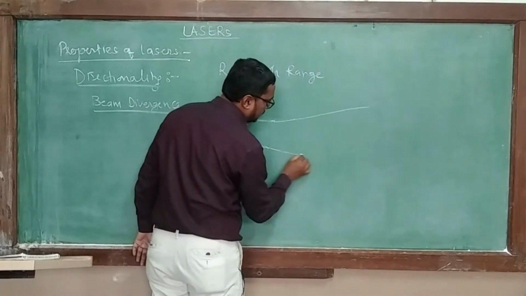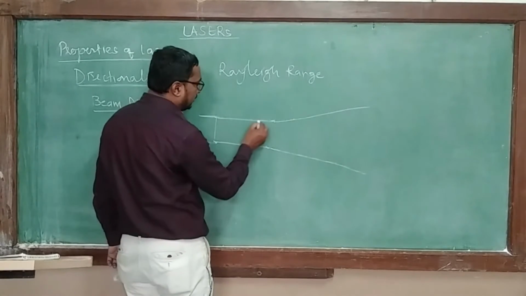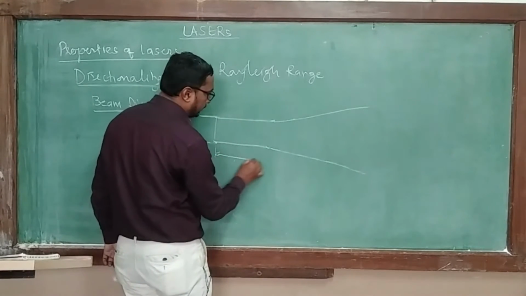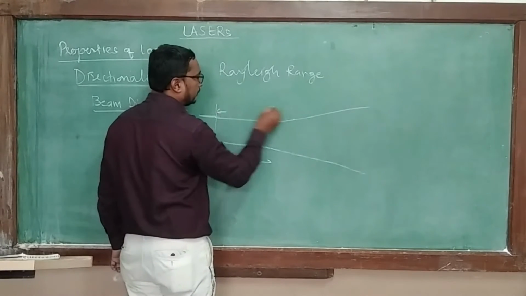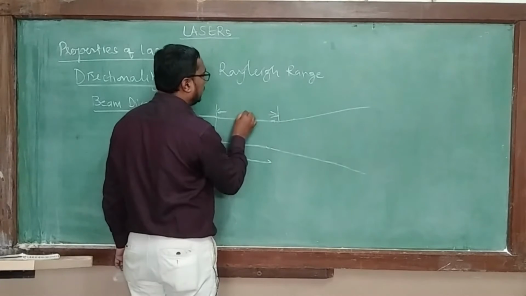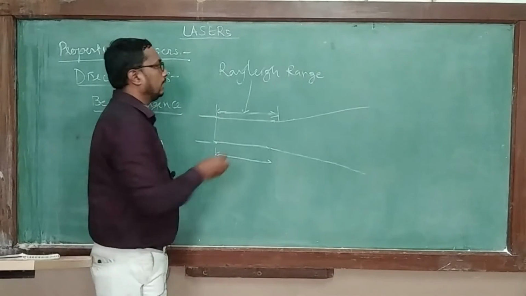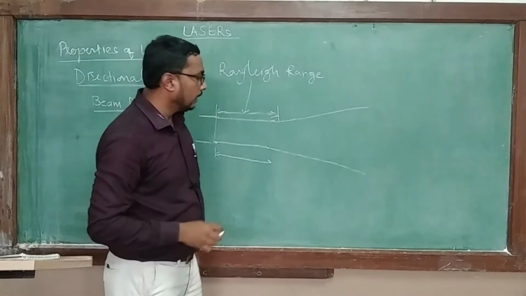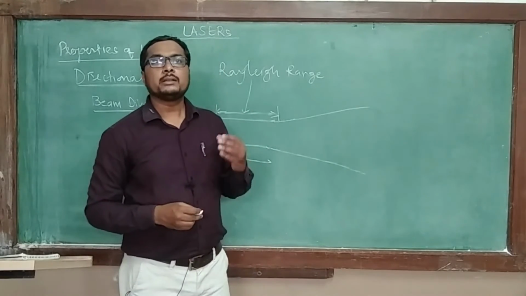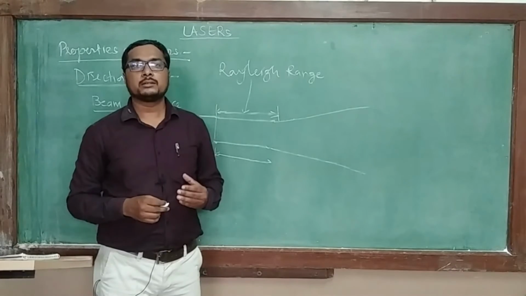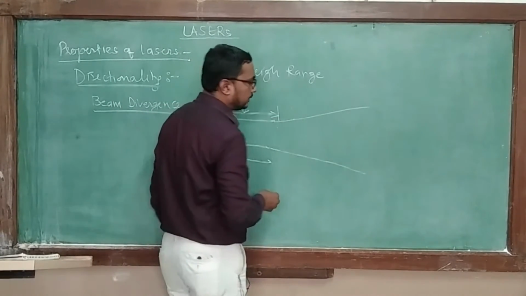This divergence is very small, and this distance is called the Rayleigh range. The distance up to which the laser beam remains parallel is called the Rayleigh range. And after this distance, the laser beam starts diverging.